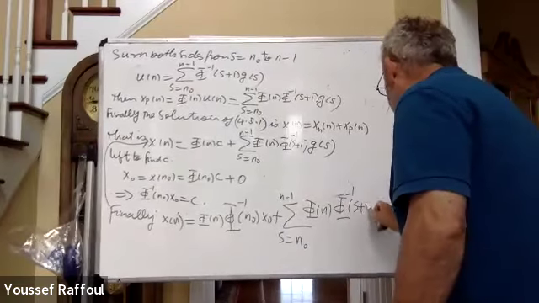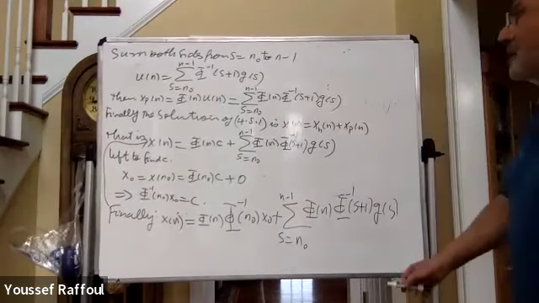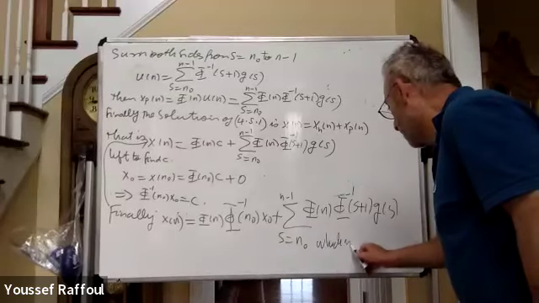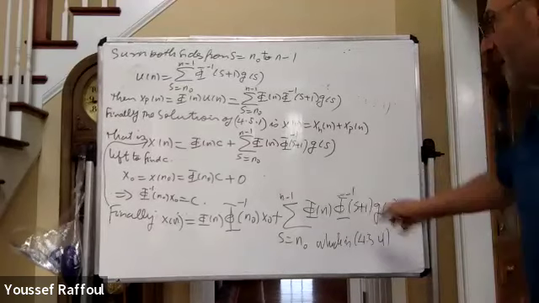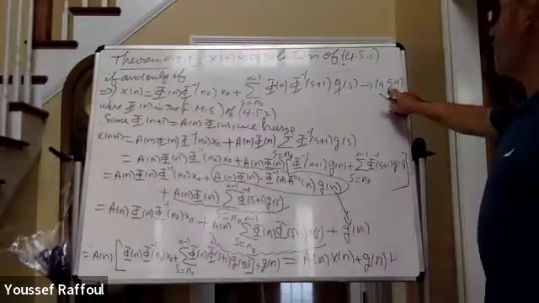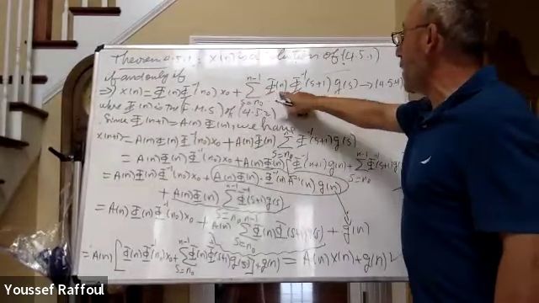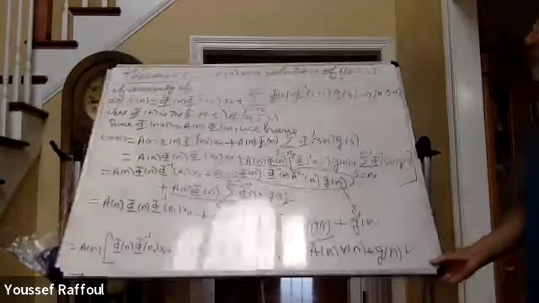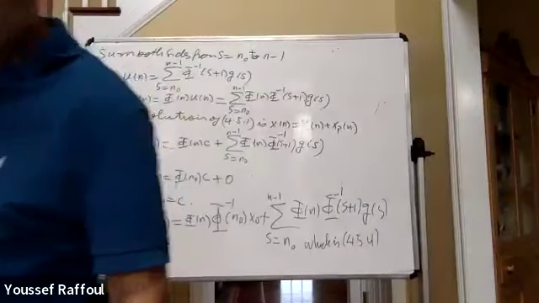And guess what? That is formula 4.54: Φ(n) Φ^{-1}(n0) x0 plus the sum from s = n0 to n−1 of Φ^{-1}(s+1) g(s). Oh, that is a very interesting proof. What do you think?